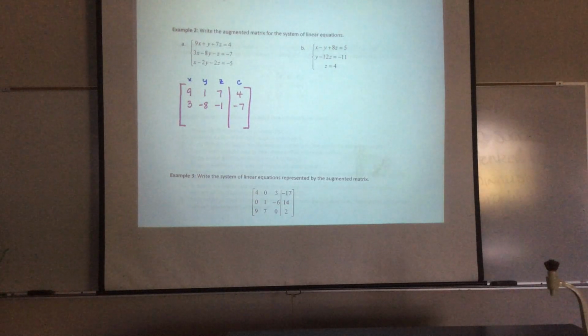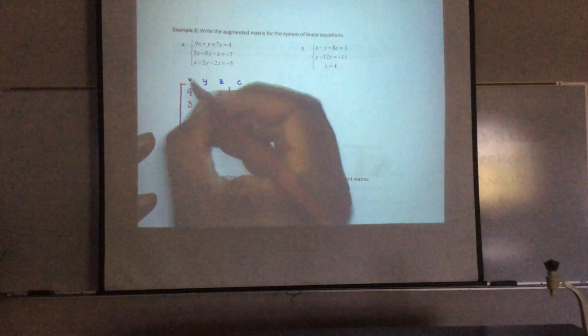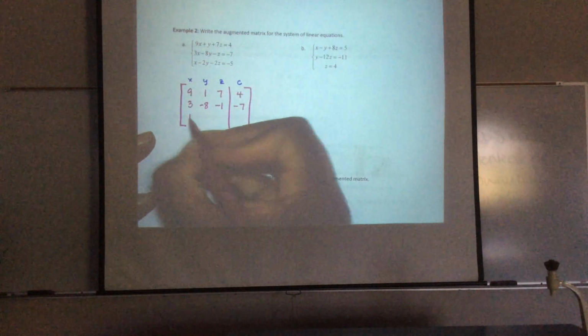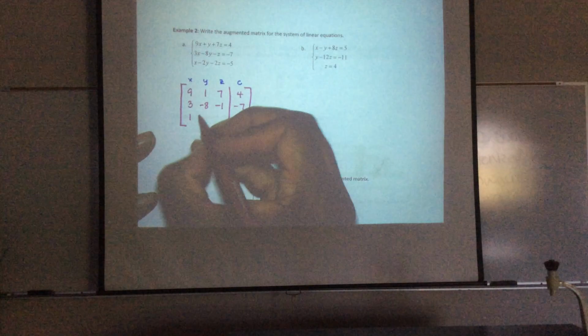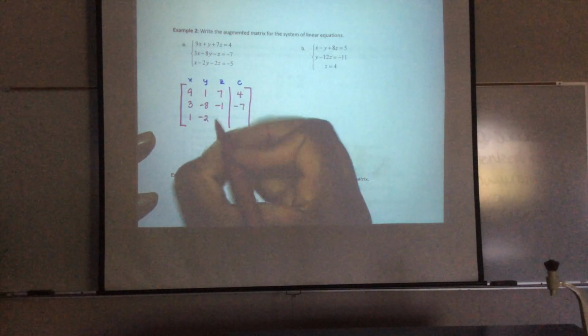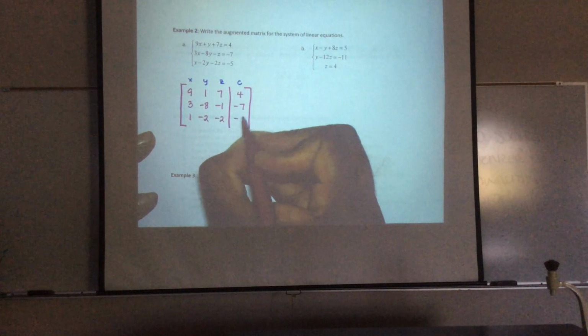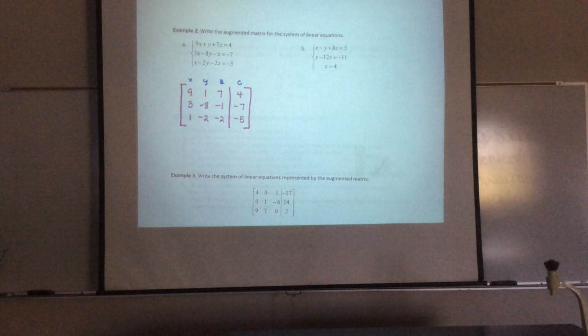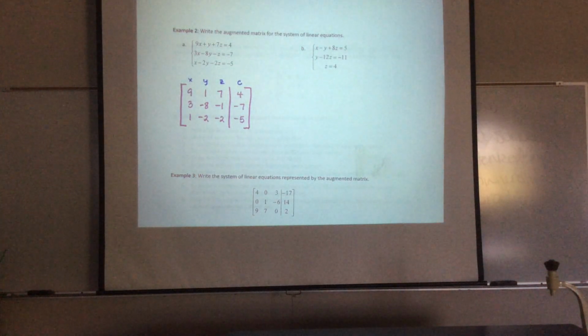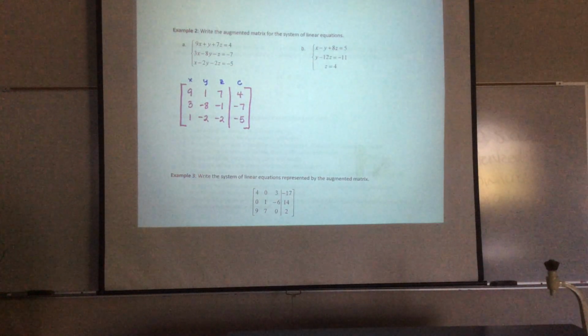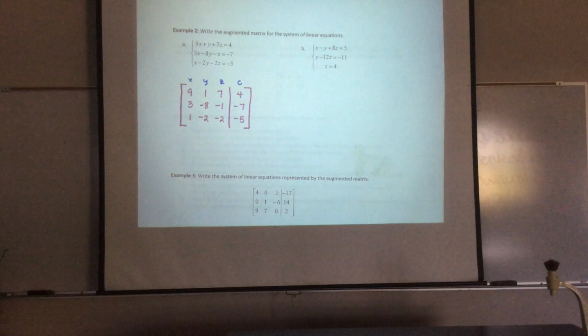And then the final equation, x minus 2y minus 2z equals negative 5. For the x, that coefficient is 1. For the y, negative 2. Z, negative 2. Your constant term, negative 5. So this is the augmented matrix that represents the system of linear equations.